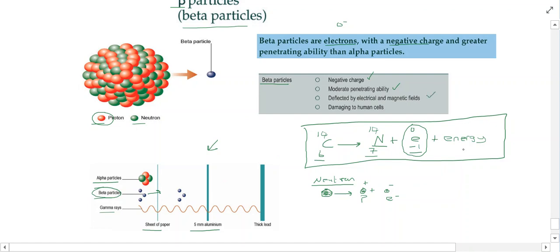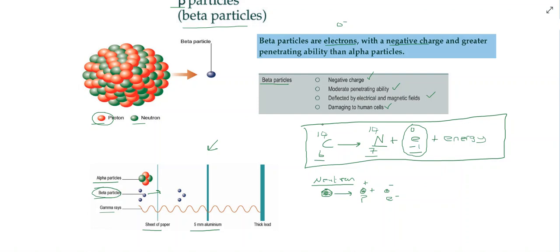Because they carry a negative charge, when they pass through an electric field, they're going to be deflected within that field. And they are very damaging to human cells. Because they're highly penetrating and they get past the skin, they can damage the cells within the body.